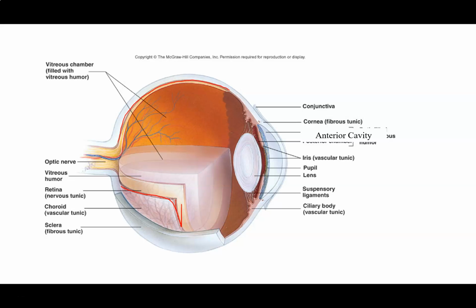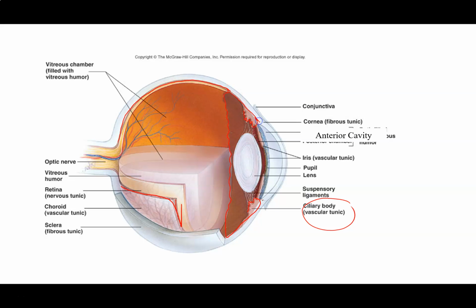Anteriorly, the choroid expands into the ciliary body. Now you can see the ciliary body cut open here and cut open here, but you can also see it kind of coming down like this, right?